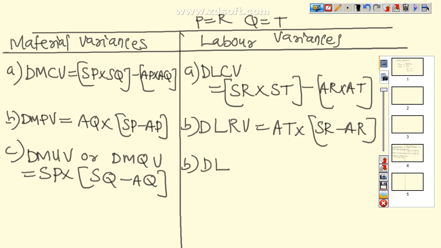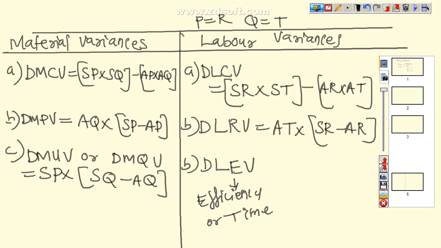We write usage in case of material, but in case of labor we are not using it. So we are taking the efficiency of the labor, the efficiency variance. Here E means efficiency, or we can term it as time. So we can denote it with DLEV or DLTV, that is equal to standard rate multiplied by standard time minus actual time.